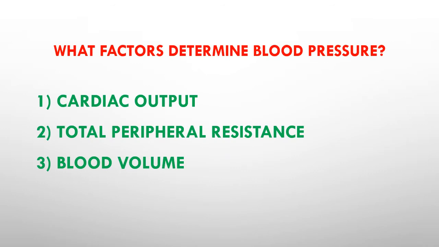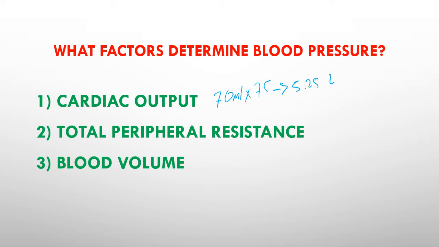So what factors determine blood pressure? With this, we're going to have things like cardiac output, how much blood is actually leaving: that 70 milliliters with each contraction times our heart rate is going to equal approximately 5.25, not milliliters, but liters.